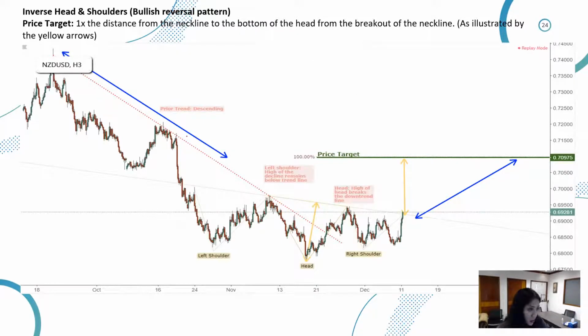As you can see, the distance here. Price from the top here goes all the way down, and we spotted that there's a head and shoulder. And this is the left shoulder over here.